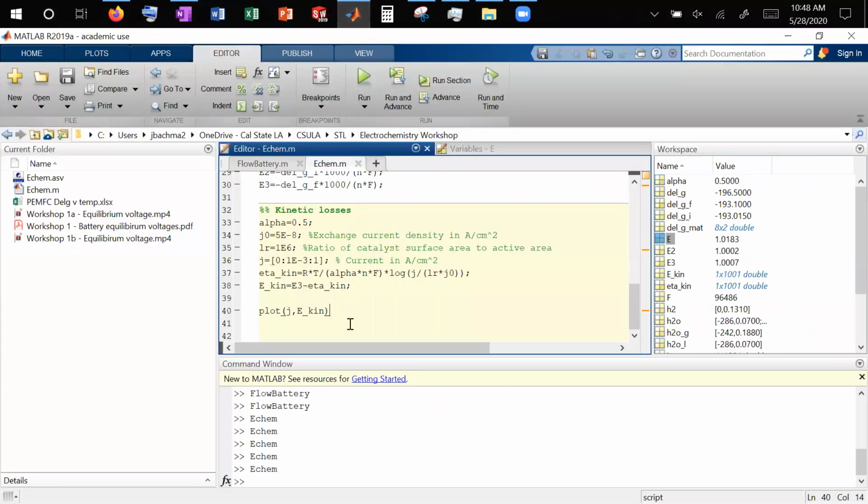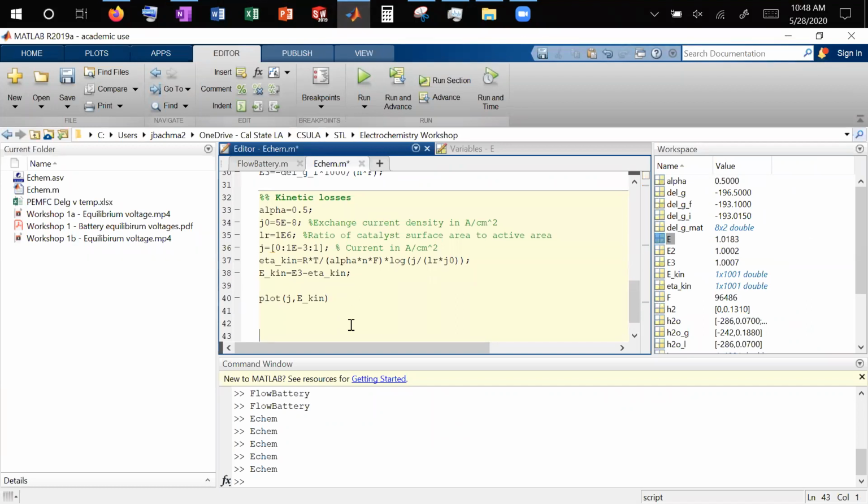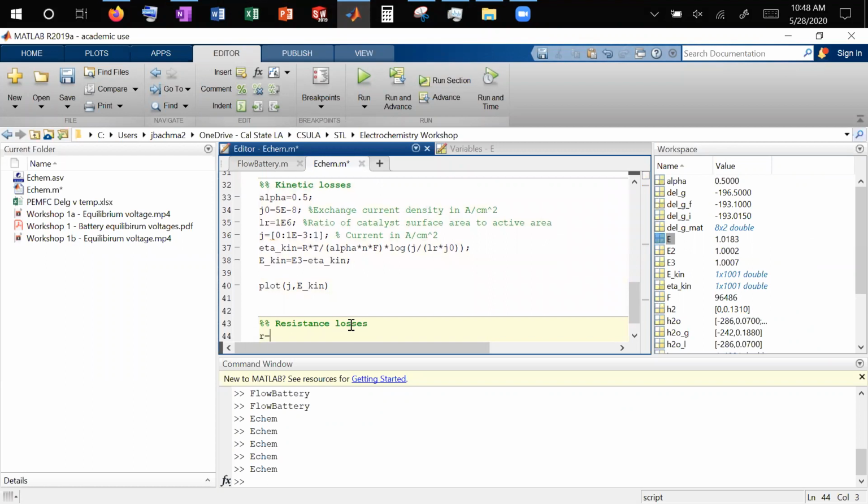So we're going to include resistance losses. Our R is going to be equal to 30 e to the negative 3, and that's going to be in ohms per centimeter squared. Right?